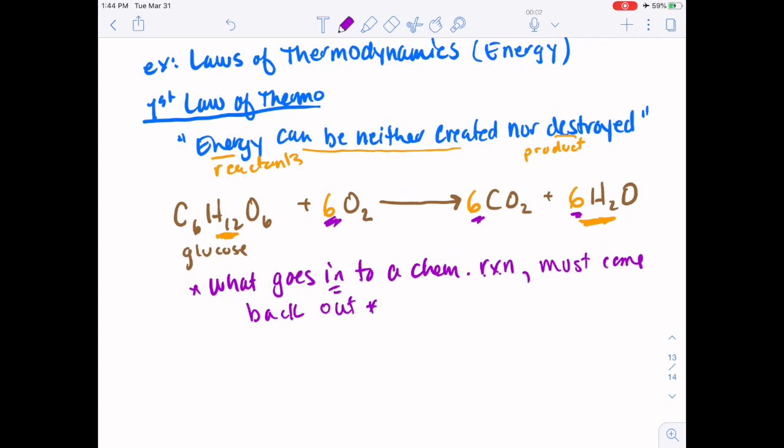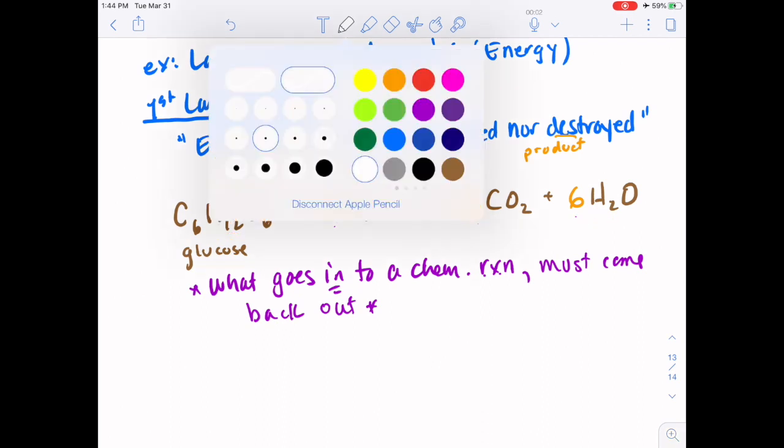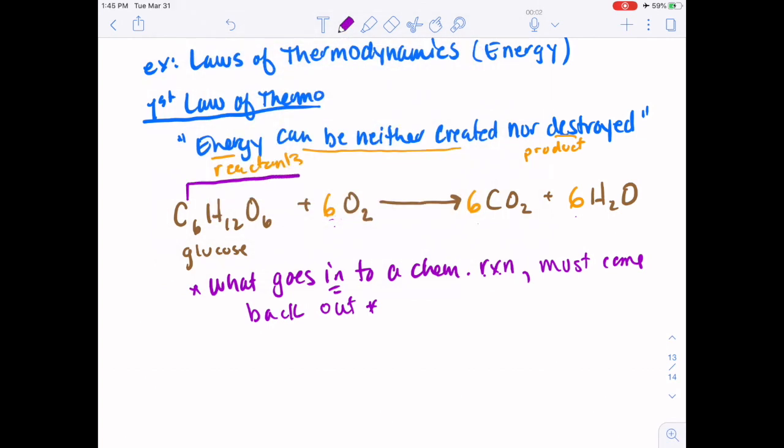It's because we got to show that in order for your cells to break down 1 molecule of glucose, it takes 6 oxygens to do that. And that for every 1 molecule of glucose that your cells take in, you're going to spit out 6 molecules of CO2.